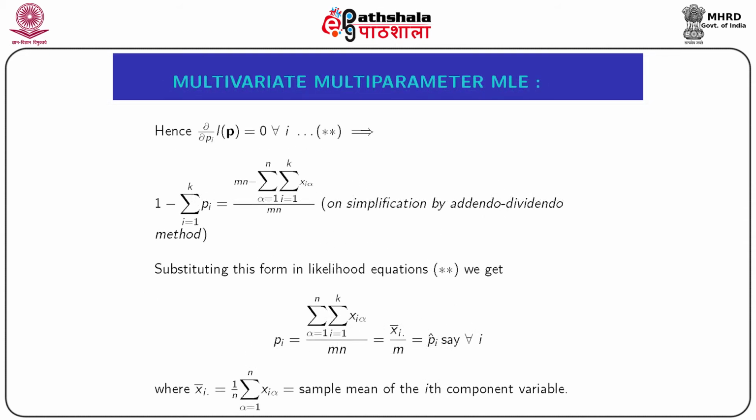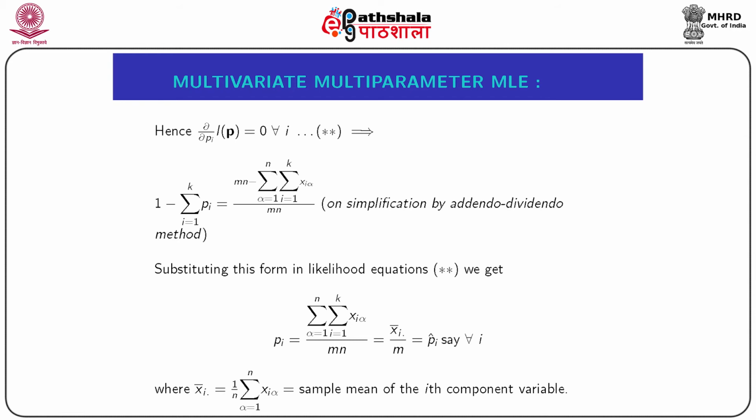Hence, the likelihood equation, del by del pi of log likelihood of p curl equal to 0 for all i, which is denoted by double star, automatically implies 1 minus summation i from 1 to k pi equal to mn minus double sum xi alpha divided by mn, on simplification by the addendo dividendo method.